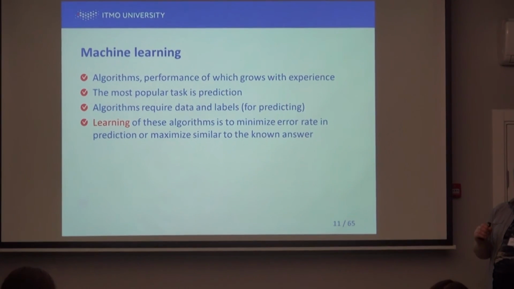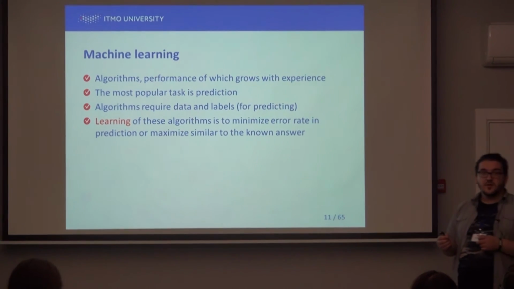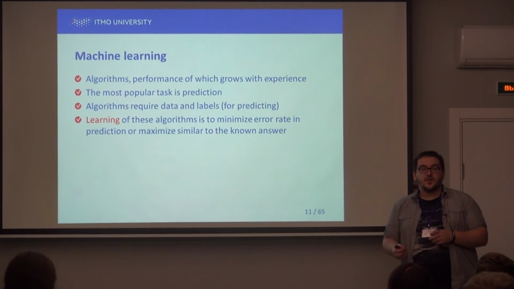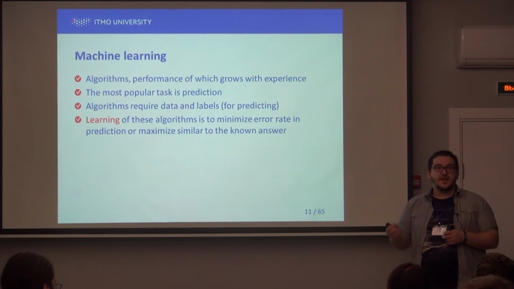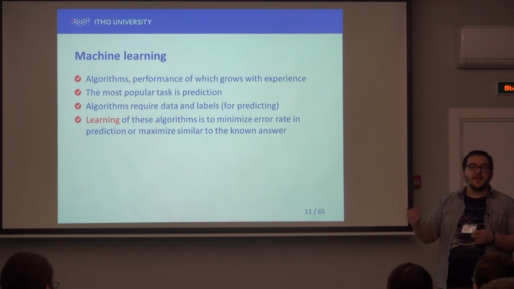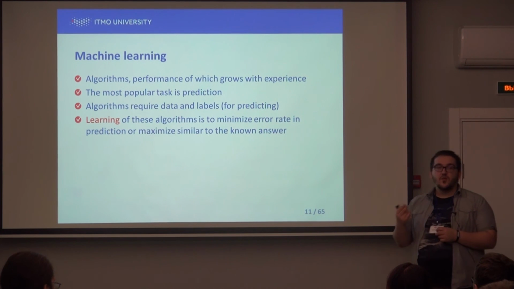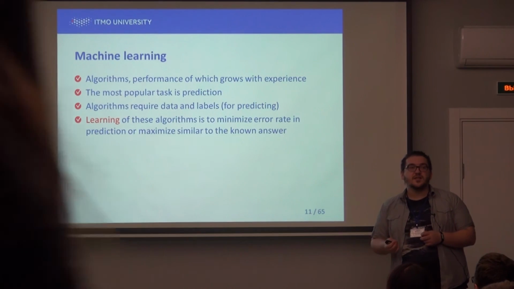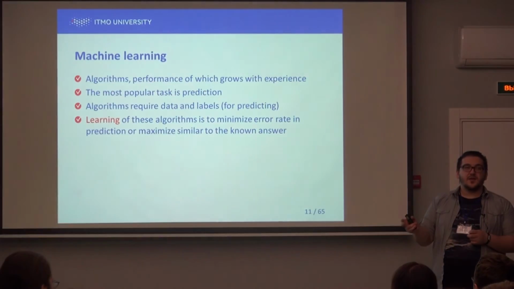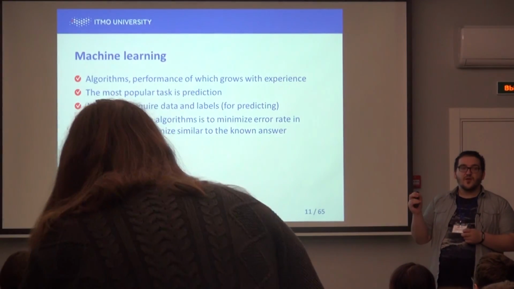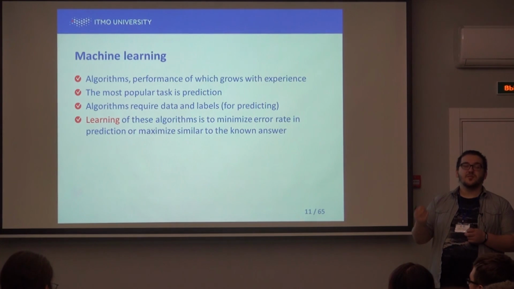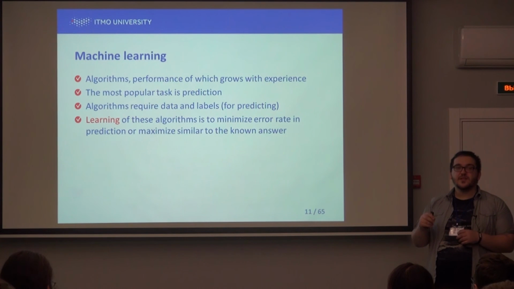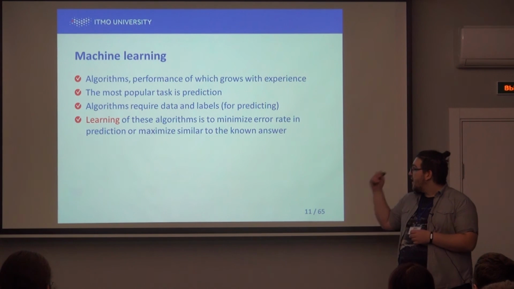In machine learning, the most popular task is prediction or forecasting. So we want to assign a label or a number to an object, like predicting what disease a person has, or what is on an image, or how much money I will receive in 5 years. All these problems can be solved with machine learning.